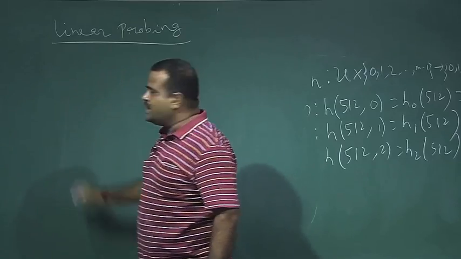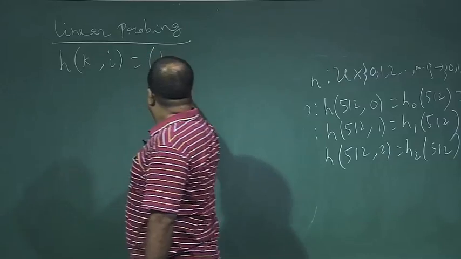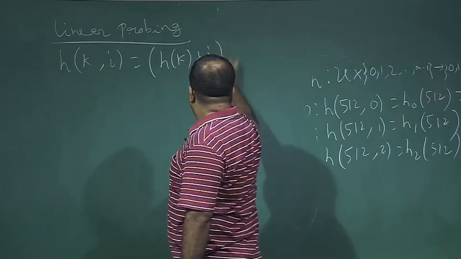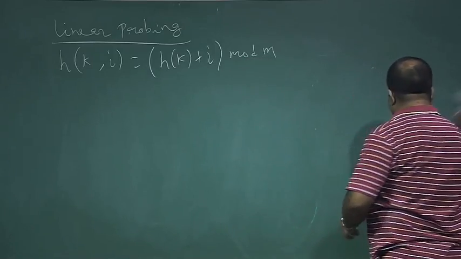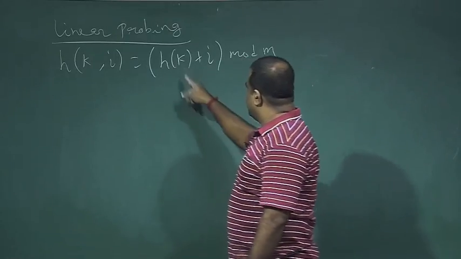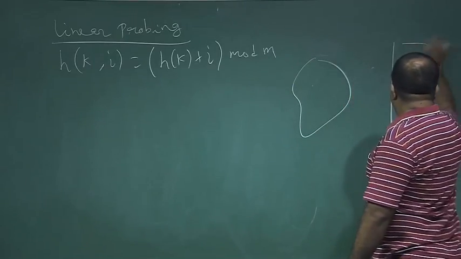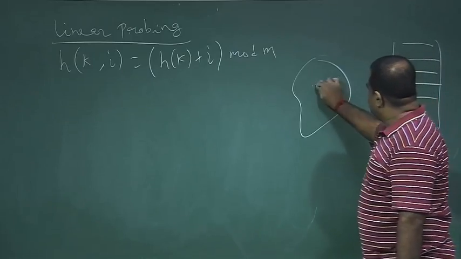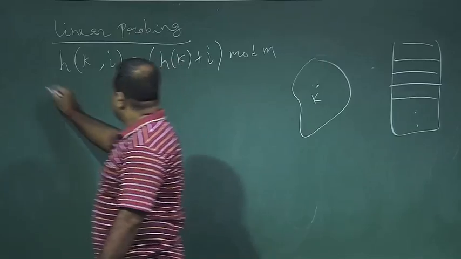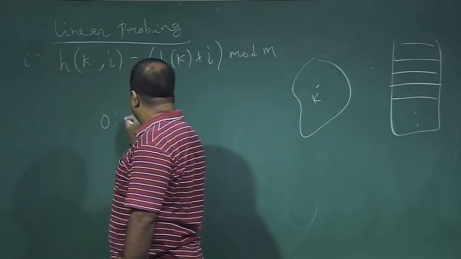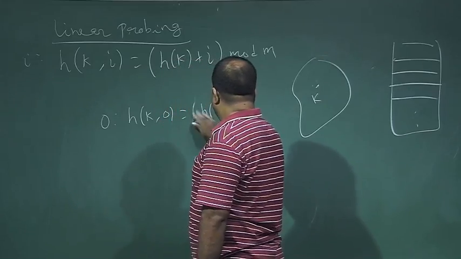So, in linear probing the ith probe is h of k plus i mod m. We have the hash function h, and we apply h on the key. For the 0th probe, we are just applying h of k mod m.